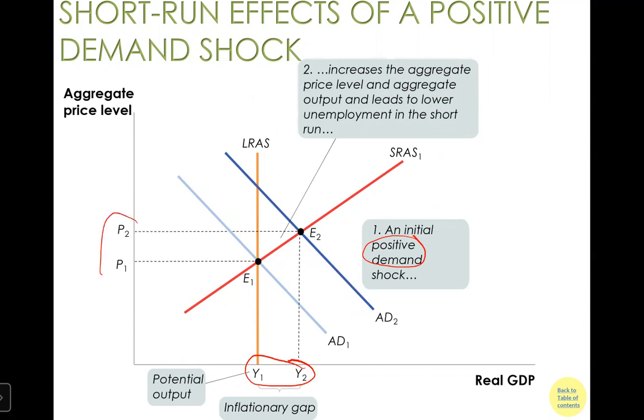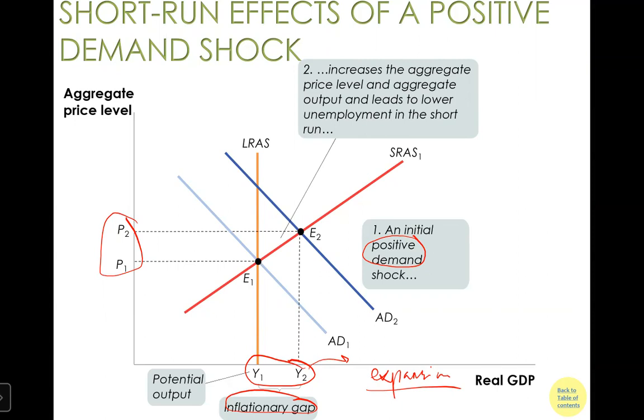Furthermore, you have a price gap, and that's why we call this an inflationary gap. Usually this is called expansion, after some recession when the economy starts to rebound. This is what happens in the short run, immediately after a shock hits our economy, either a positive or negative demand shock.